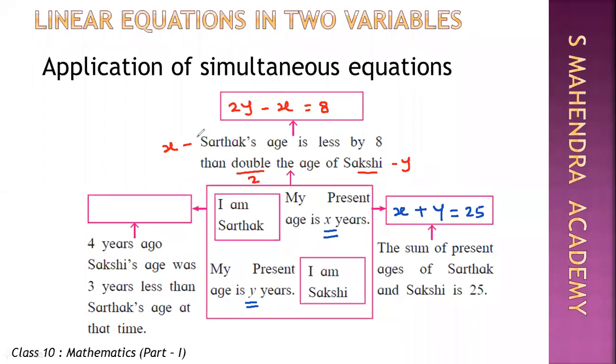Here the third condition is: 4 years ago, Sakshi's age was 3 years less than Sarthak's age at that time. Means before 4 years the age of Sakshi will be Y minus 4, and the age of Sarthak will be X minus 4.